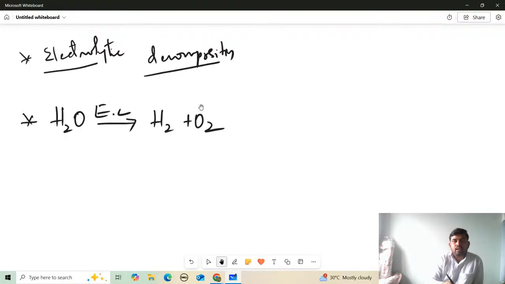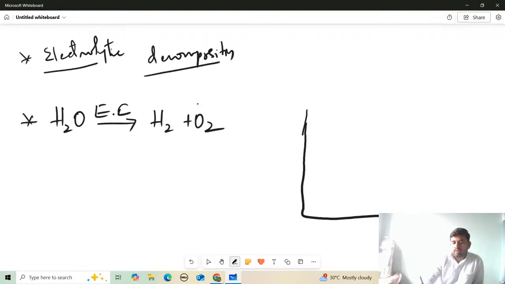One more important thing here: they have given the diagram in the textbook. You can see here it is a beaker. There are two rubber corks here, and electrodes they have given here.